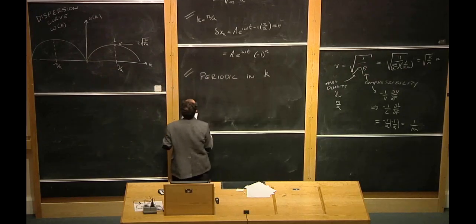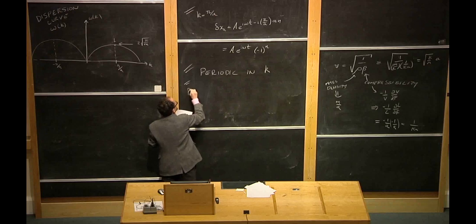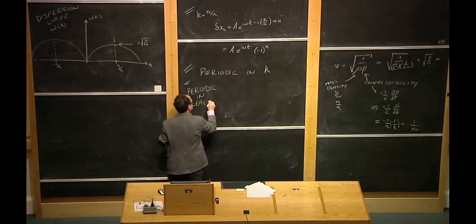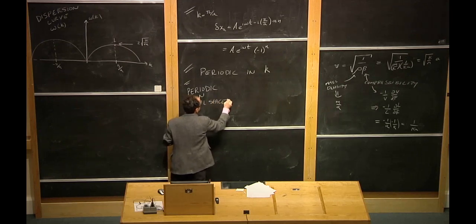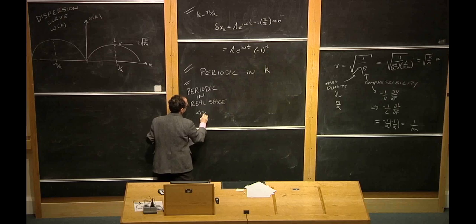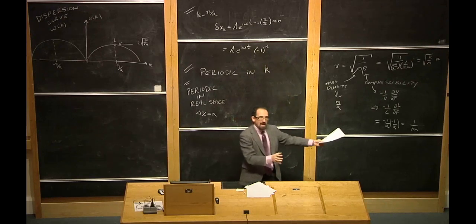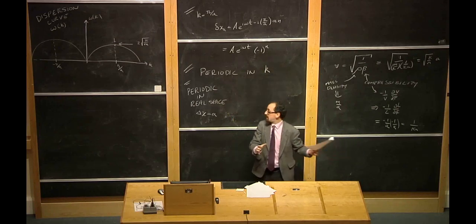There's a general law that if you have something that's periodic in real space, like a chain, which has a periodicity delta x equals a, if you take our whole chain and you shift it over by a, you get back exactly the same chain again.